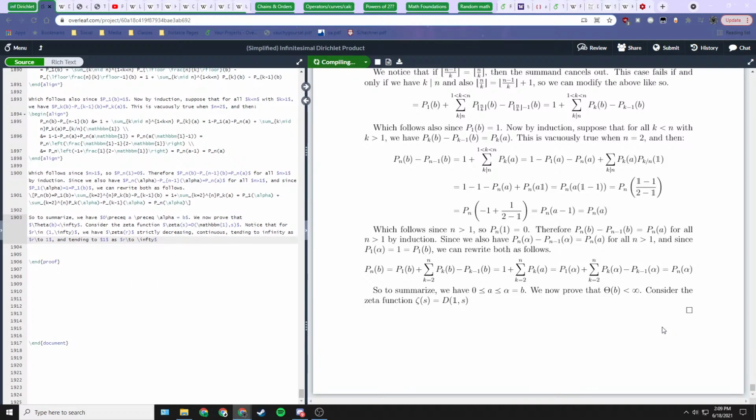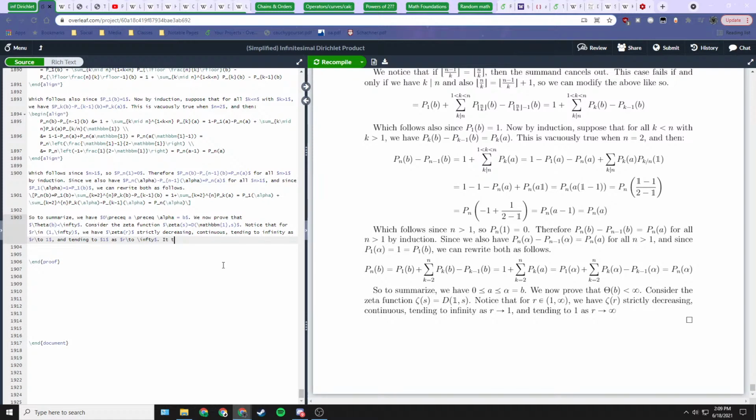This is all very specific, but it's important. So we just observed that for real r in 1 to infinity, we have zeta of r strictly decreasing, continuous, tending to infinity as r goes to 1, and tending to 1 as r goes to infinity.